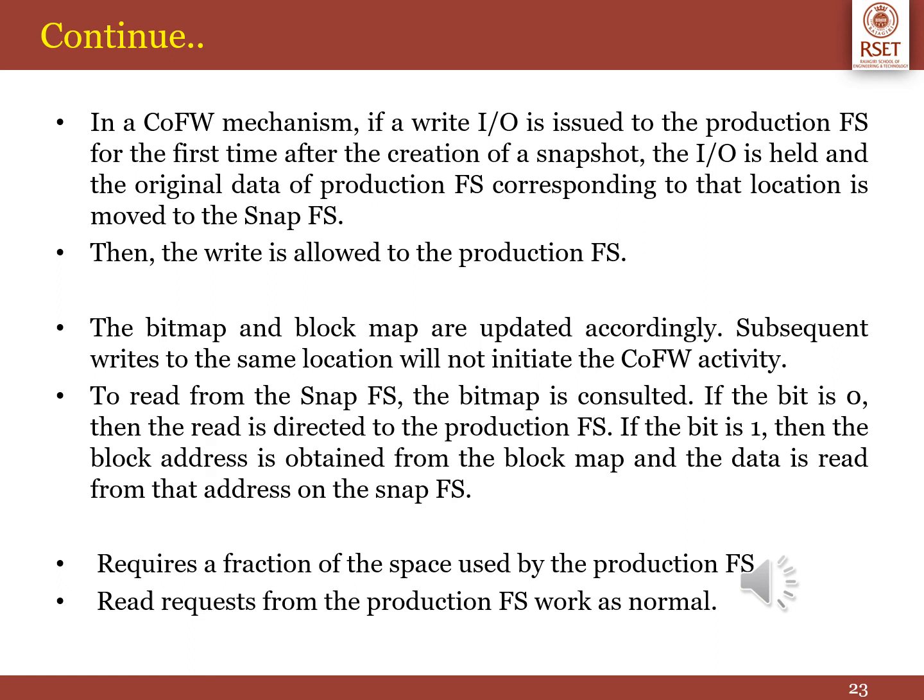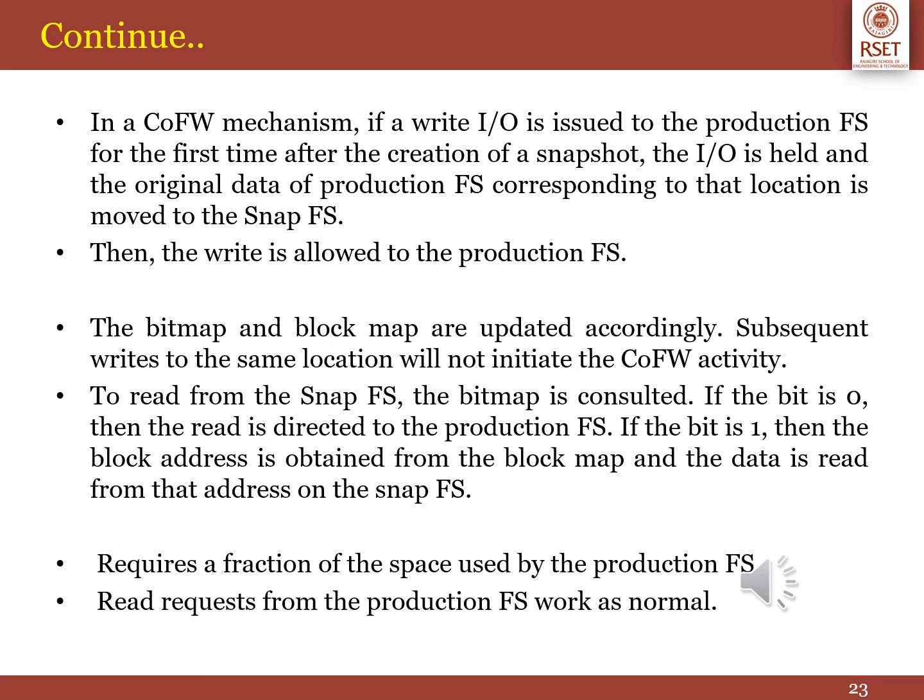The original data of the production file system corresponding to that location is moved to the snapshot file system. Then the write is allowed to the production file system. The bitmap and block map are updated accordingly. Subsequent writes to the same location will not be initiated by the copy on write principle activity.